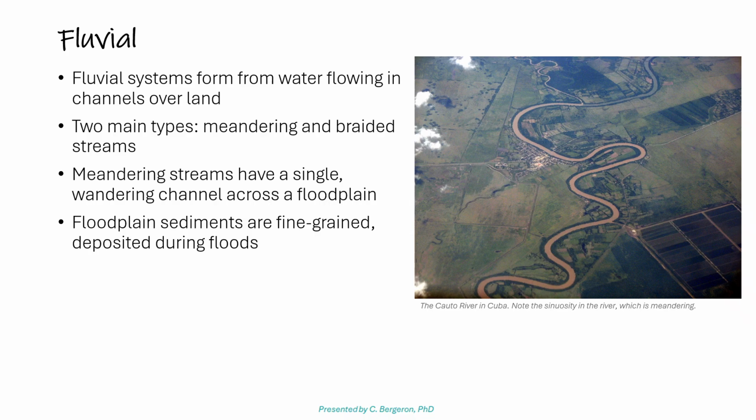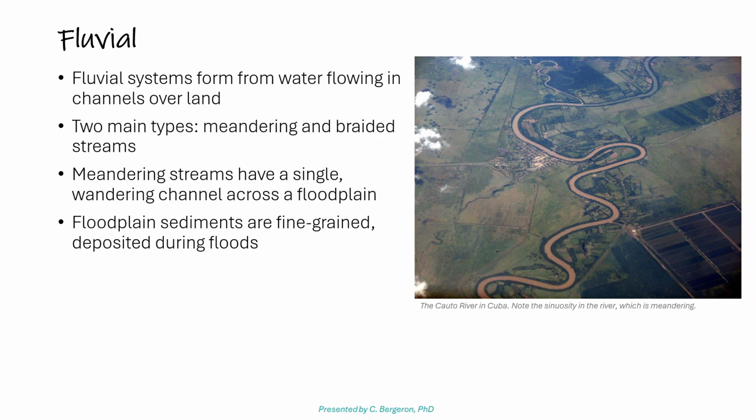If you think back on recent floods, even the big flash floods on the Guadalupe River, when the water levels came back down, what was left behind was mud. That was all fine-grained material. That's what gets left behind from these river systems when they go over their banks, and then eventually the water will go back down to within its banks, and that's the sediment that gets left behind.